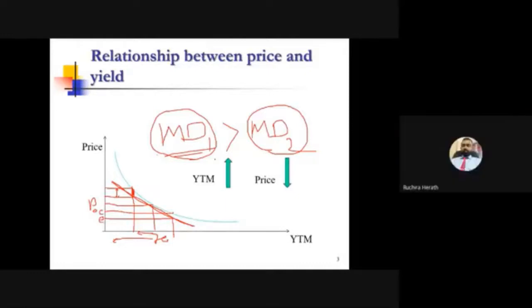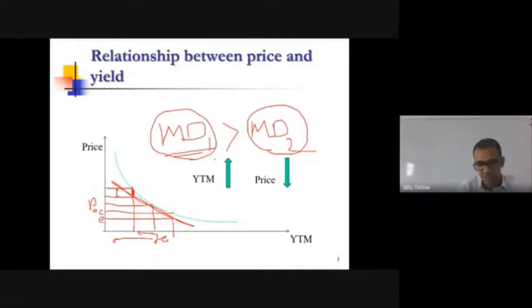That's how you compare two different bonds with almost the same maturity and same yield, by comparing duration.